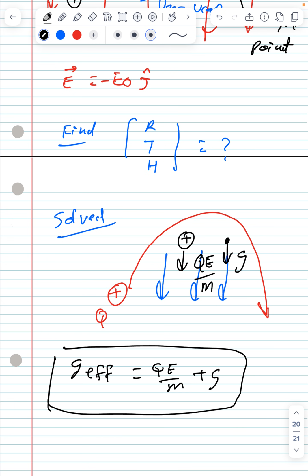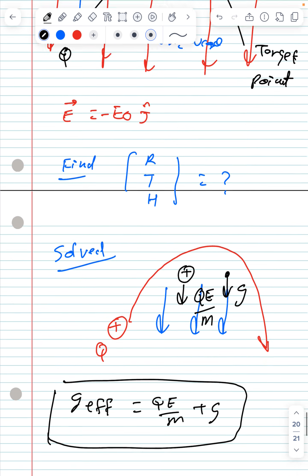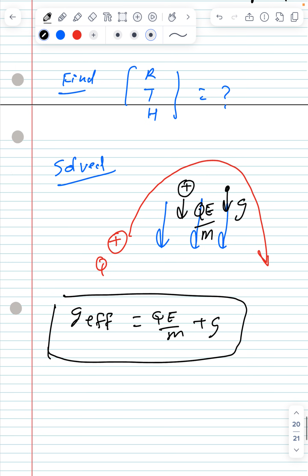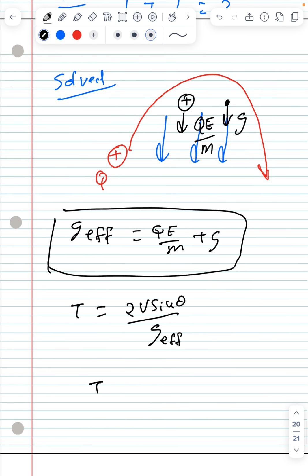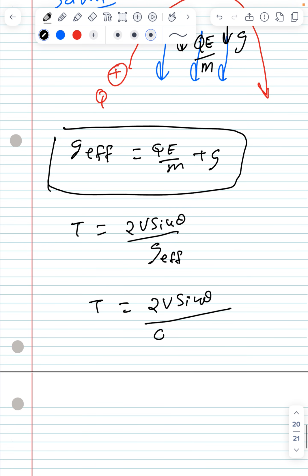This is the electric force, and the acceleration due to the electric field is QE divided by m. This is the value of acceleration of the charged particle due to the external uniform electric field, and also the acceleration due to gravity acts vertically downward, so g effective equal to QE divided by m plus g, right. This is the value of g effective.